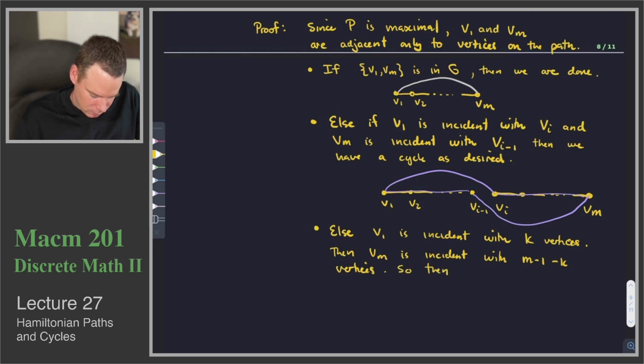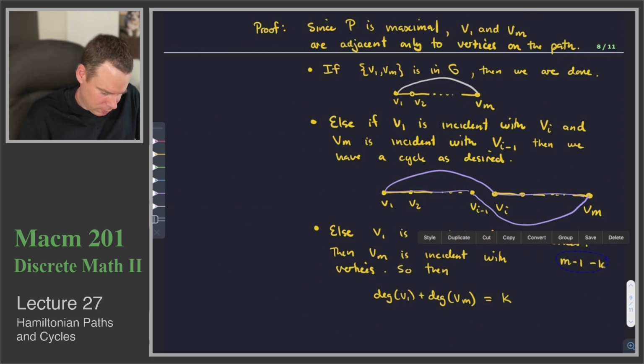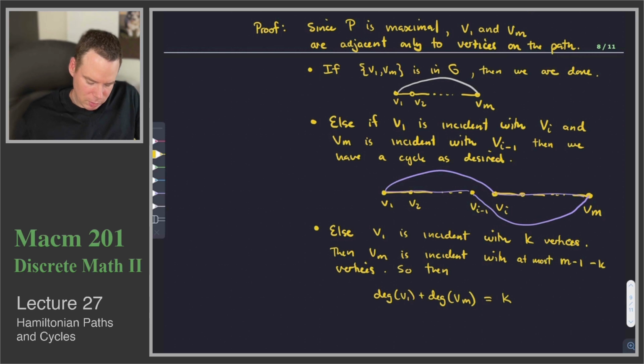So then we have that the degree of V1 plus the degree of Vm is at most, I should have said at most, because it doesn't have to be incident with them. It's just incident with at most this many. So the degree is less than or equal to k plus m minus 1 minus k.